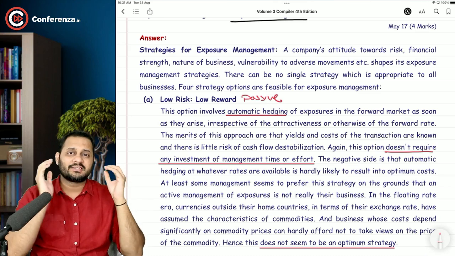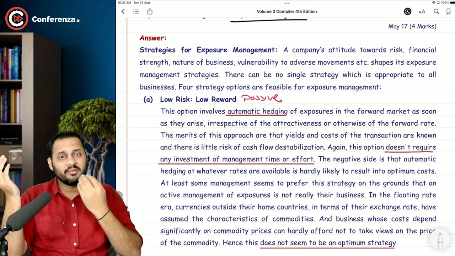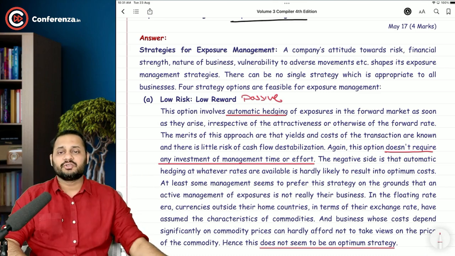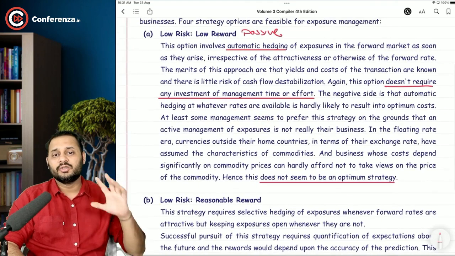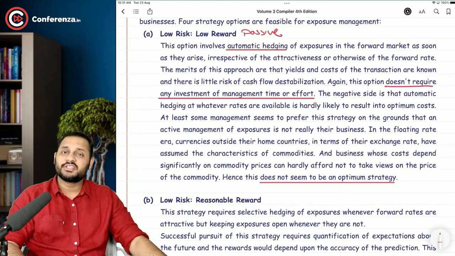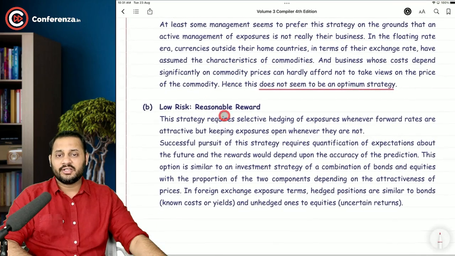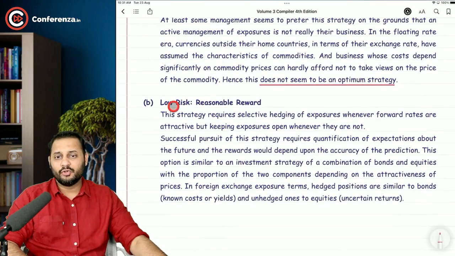You should take some kind of risk so that you can make profit out of it. So this strategy is for the people who do not want to actively involve themselves, who do not want to take any kind of risk, who are into automatic hedging, who are not into much of the transactions in foreign currencies.